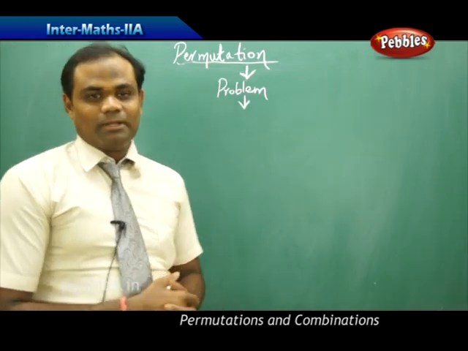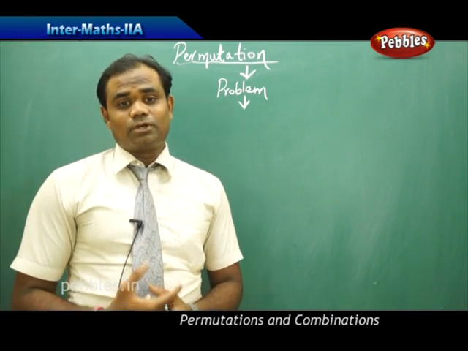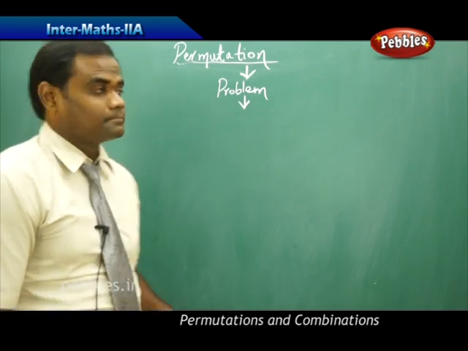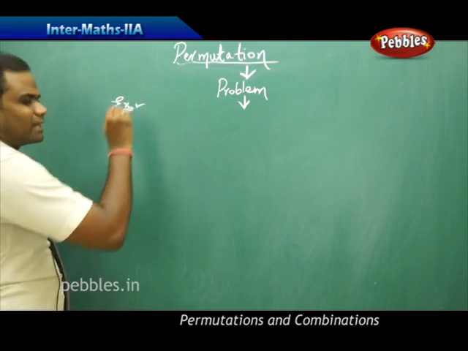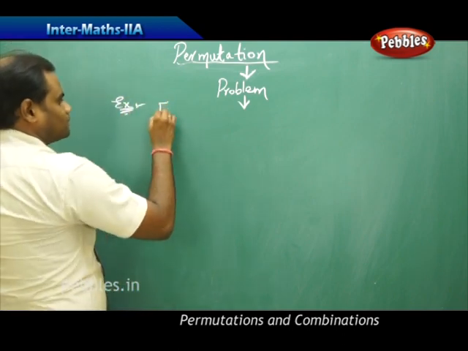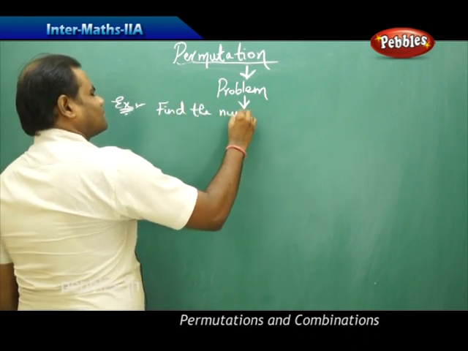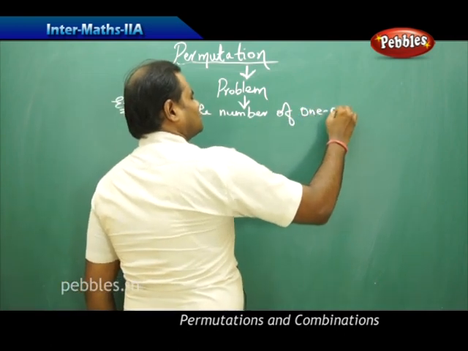Now let's see some problems where we can use nPr, the number of possible permutations of n dissimilar things taken r at a time. With an example problem here, I take an interesting example where I want to find the number of 1-1 mappings.